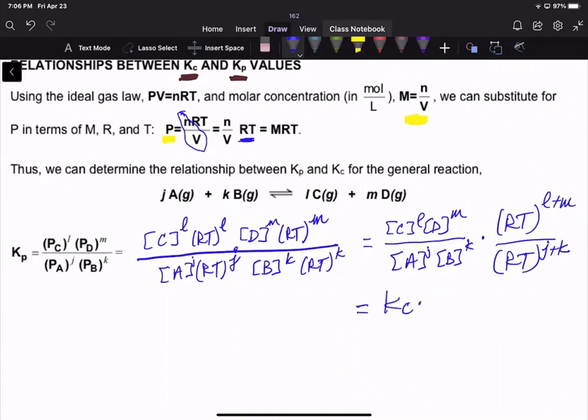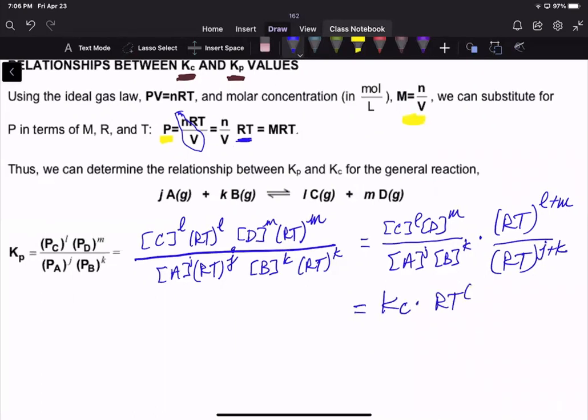And there's going to be a factor of RT, and I'm going to group those exponents again. It's going to be L plus M minus J minus K, where J, K, L, and M are the coefficients in the balanced equation. So we can also think of this factor as the difference in the number of moles of gas.